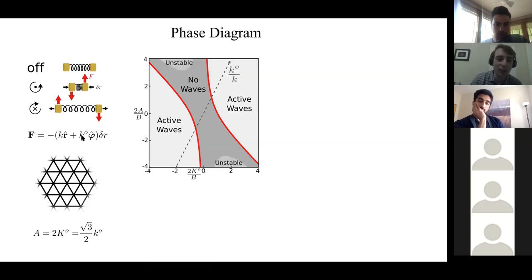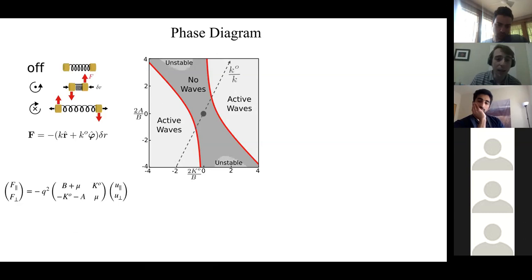Then as you adjust this microscopic parameter, K naught, you're going to trace out this line through the phase diagram. And the relationship between the forces and the displacements for a plane wave is given by this matrix right here. And this is the dynamical matrix, and q here is the wave number.